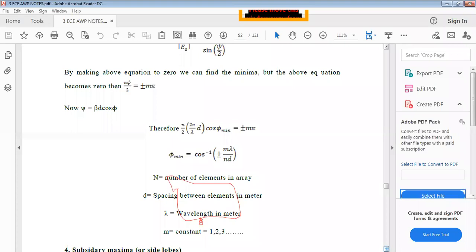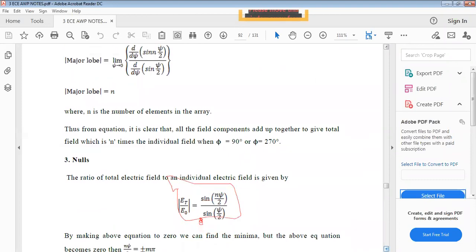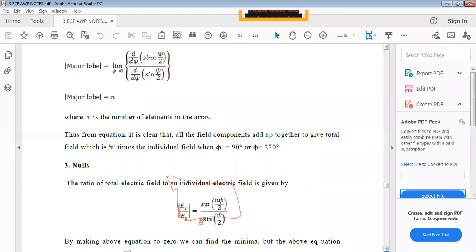Finally, what do we get? What is the maximum magnitude of that n element uniform array? The number of elements we used in that array, that number n gives its maximum magnitude. So the major lobe maximum magnitude is n, where n is the number of antenna elements.